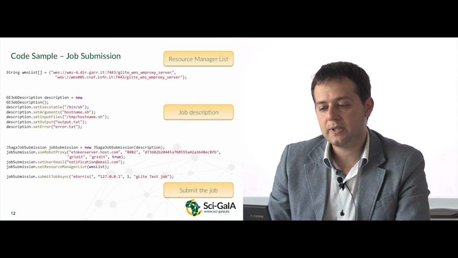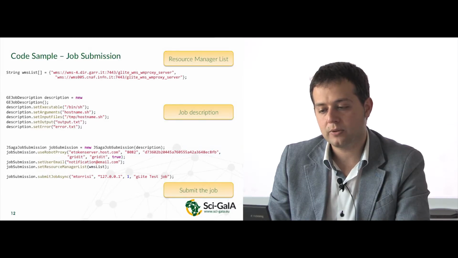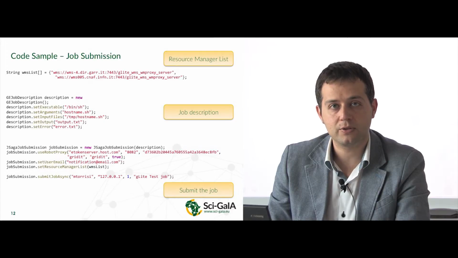This sample code shows how to submit a simple job towards a DCI. The first step is to define a set, in this case an array, a list of resource managers.